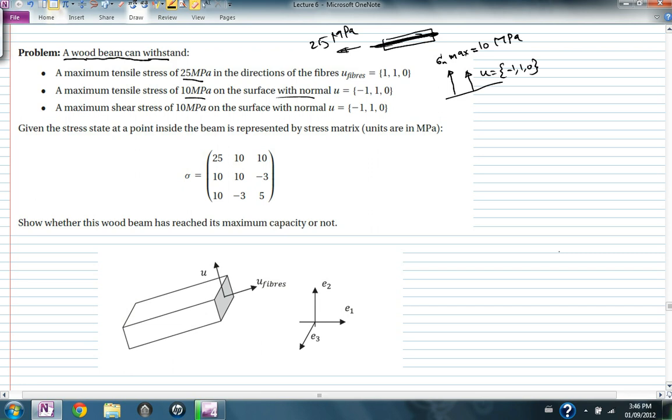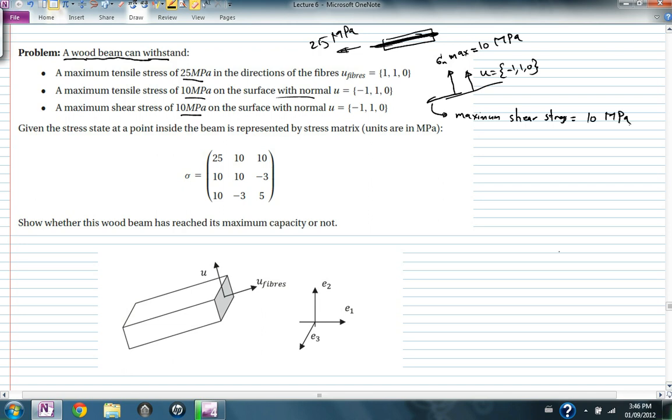And on the same surface, the maximum shear stress is equal to 10 MPa, a maximum shear stress of 10 MPa on the surface with the normal U negative 110. So maximum shear stress is equal to 10 MPa.